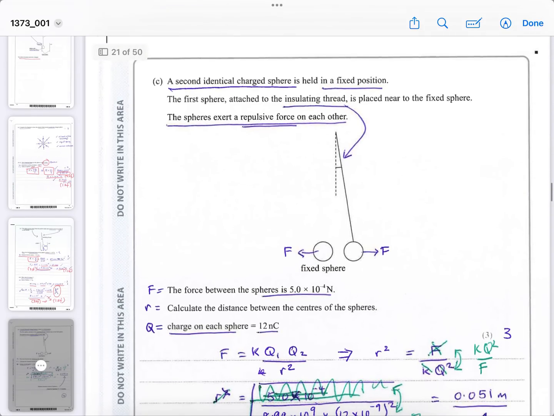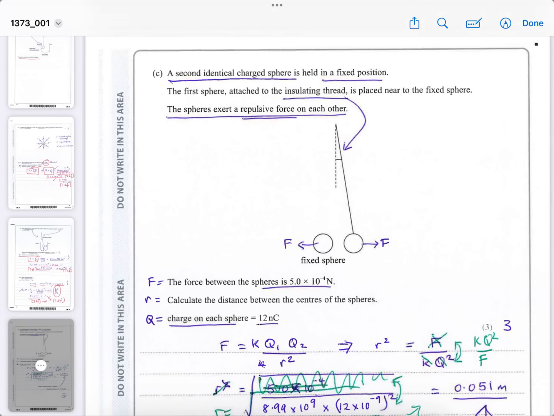Now it says a second identical charge sphere is held in a fixed position. Okay, so there you have an insulating sphere diagram. 2 spheres shown. Okay, the first sphere attached to the insulating thread is placed near to the fixed sphere. The spheres exert a repulsive force on each other. Okay, because they're identical, so they're identically charged.